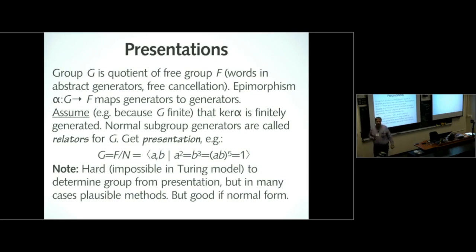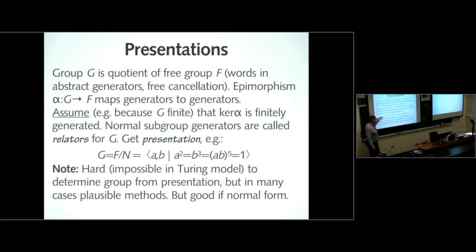The difficulty is, if I write something like this randomly, it could be that the group is smaller than I hope. So this tells me I can write a square is 1, but this does not guarantee that a is an element of order 2. That just guarantees that a is an element of order dividing 2.